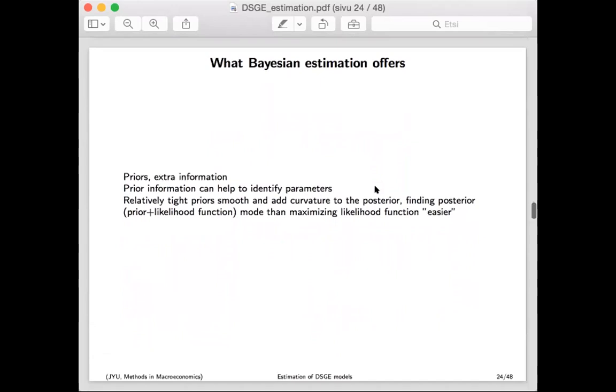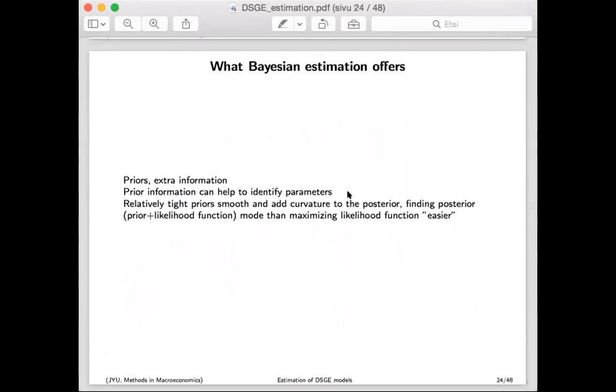And even if this information wasn't useful as such, it helps the estimation process since it adds curvature to the posterior and in a sense regularizes the posterior function so that the estimation is easier than maximizing the likelihood function only.